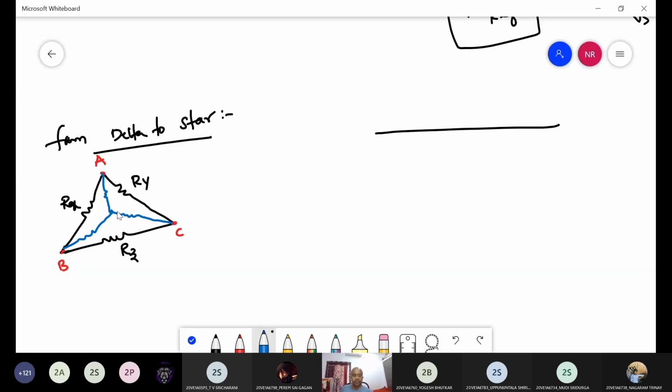Here these are the new values: Ra, Rb, Rc. Here Rx, Ry, and Rz are the known values because we are converting from delta to star. So delta is the known values, right?